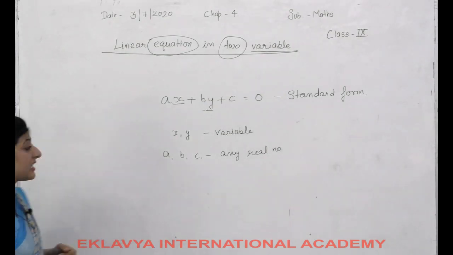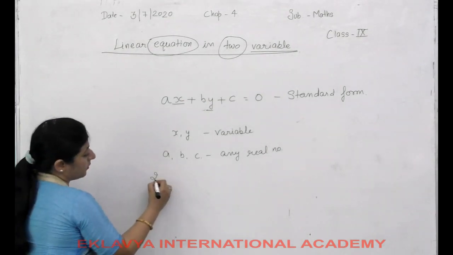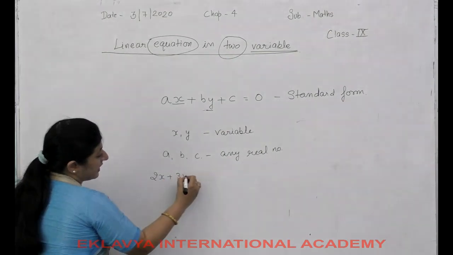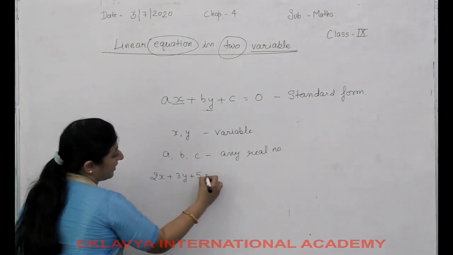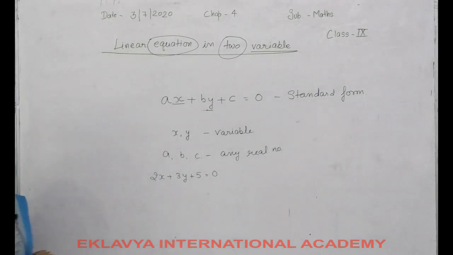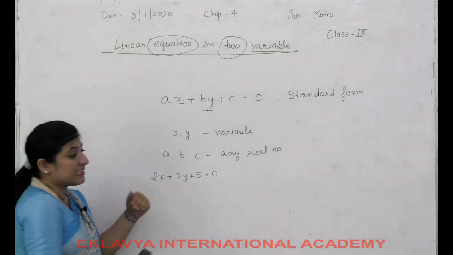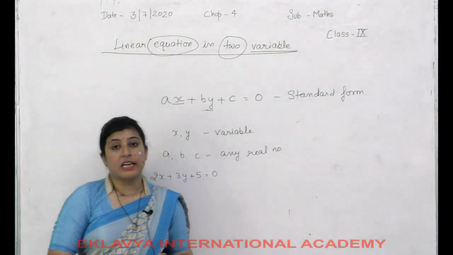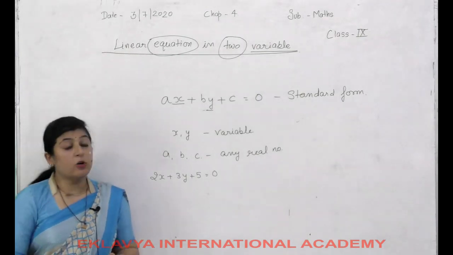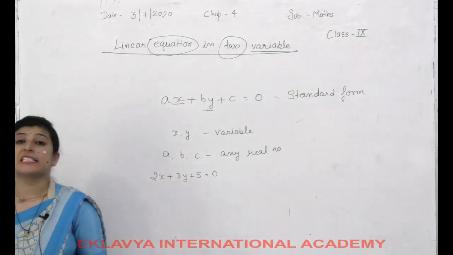Now see examples. Suppose I write down 2x plus 3y plus 5 is equal to 0. In this given equation, can I find out the value of a, b and c?